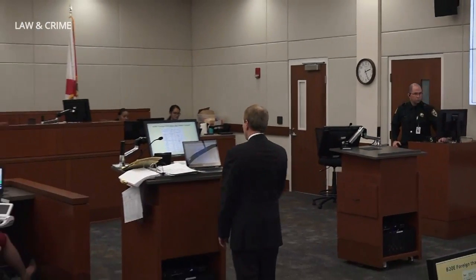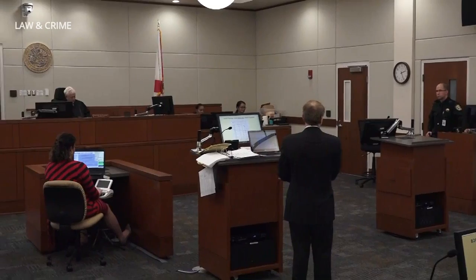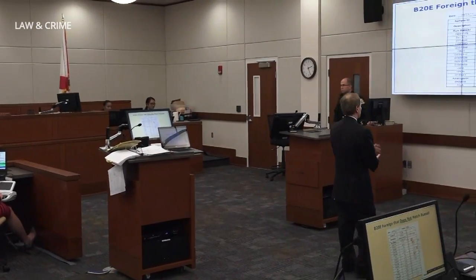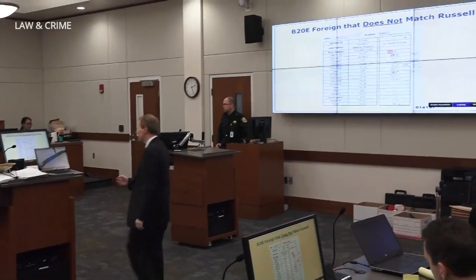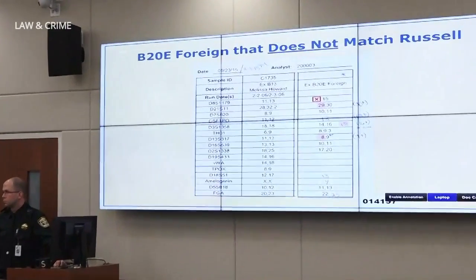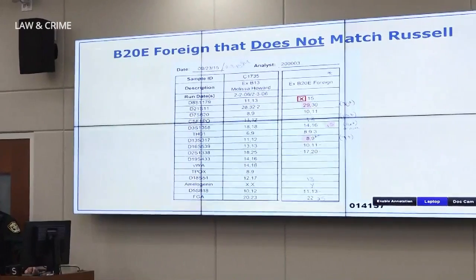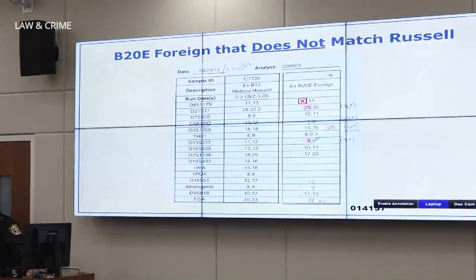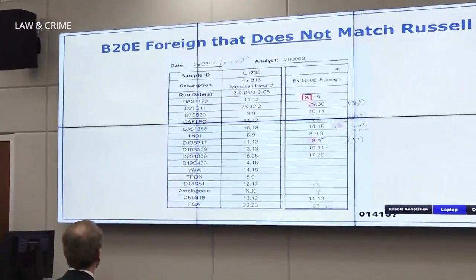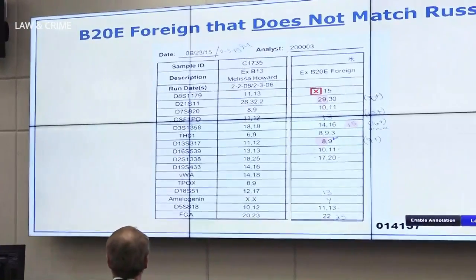Okay. We'll move on. I want to talk about, this is page 14,157. Is that correct? Yes. Okay. I want to talk about things on here that do not match Russell Holbrook.